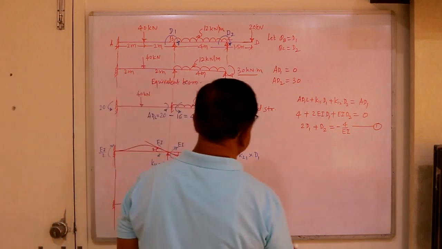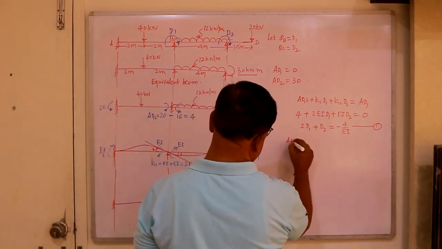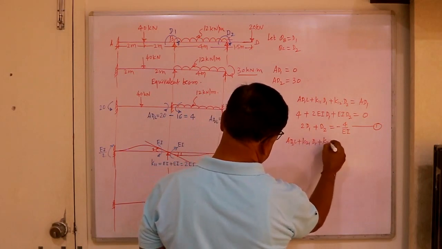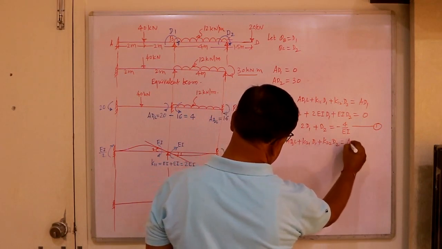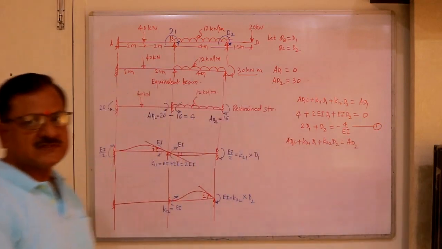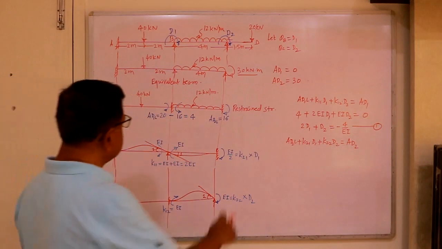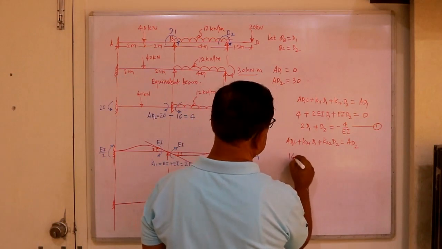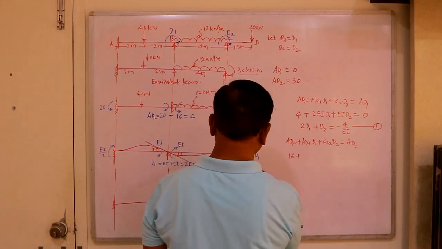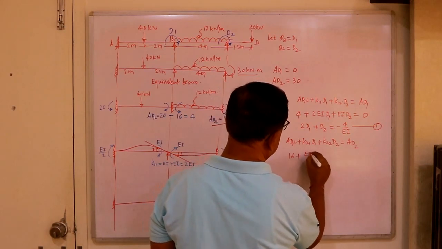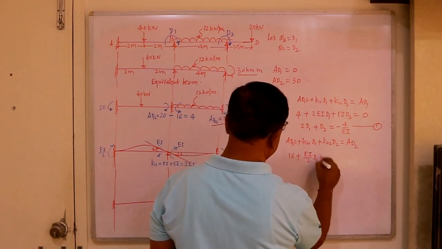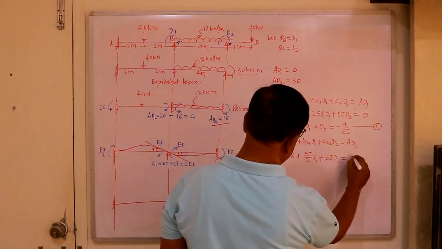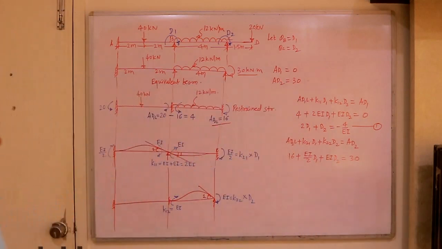Now second equation, AD2L plus K21D1 plus K22D2 is equal to AD2. So now substitute AD2L here, that is positive, again 16, plus K21 is EI by 2 D1 plus this is EI D2 equal to 30.